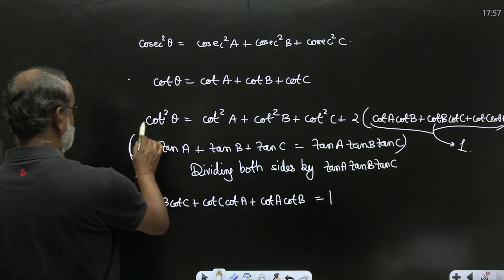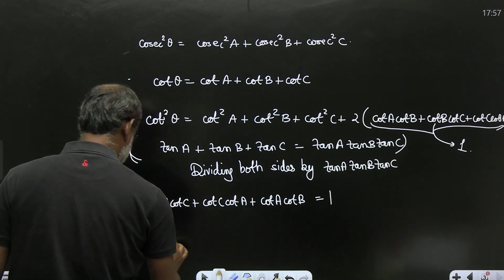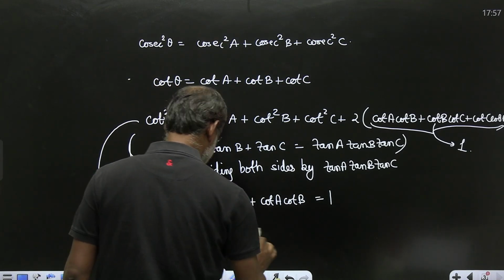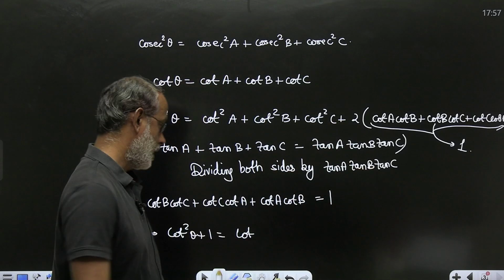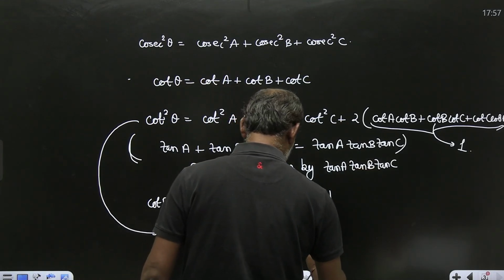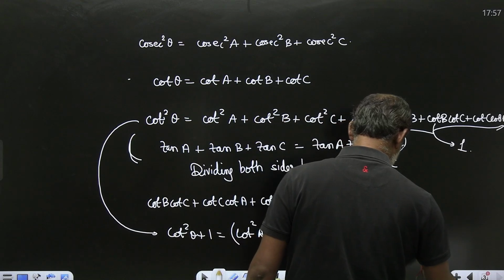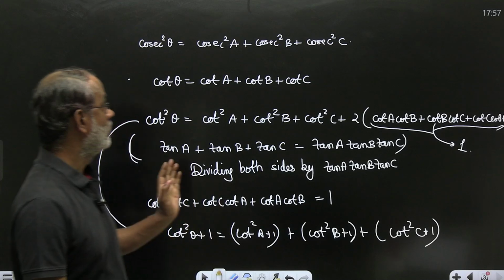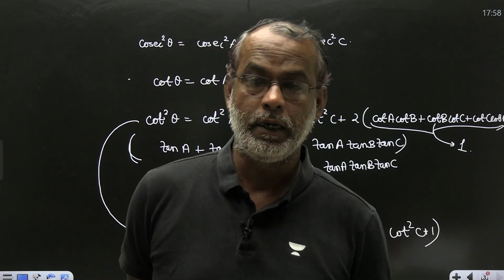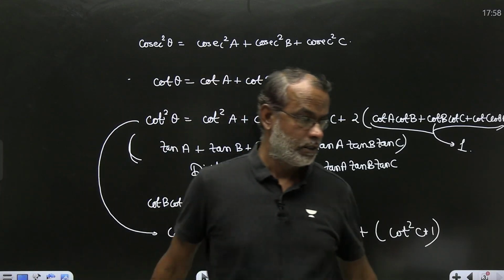So what you have got is cot square theta is cot square A plus cot square B plus cot square C plus 2, and you can now very easily see cot square theta plus 1. If you add 1 on both sides, you will get 2 here, and you will distribute that 3 to each one of these cot squares. So cosec square theta is cosec square A plus cosec square B plus cosec square C. So this is how we use the sine rule in things like this.